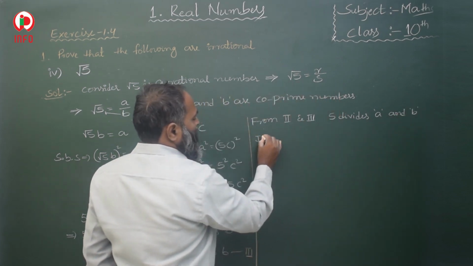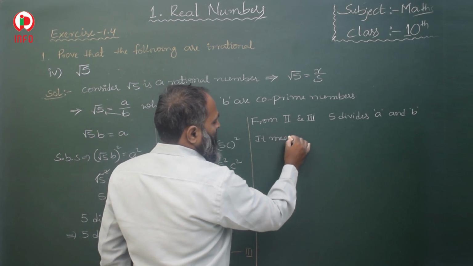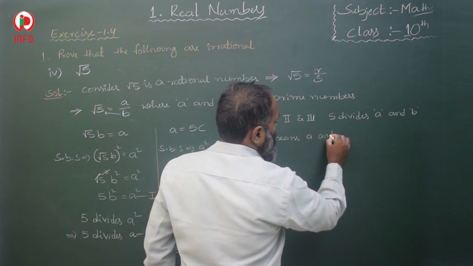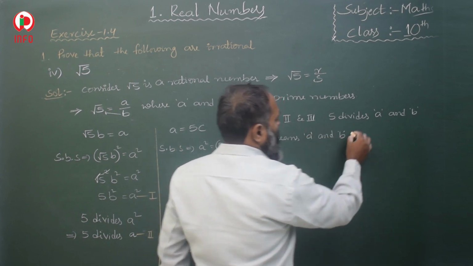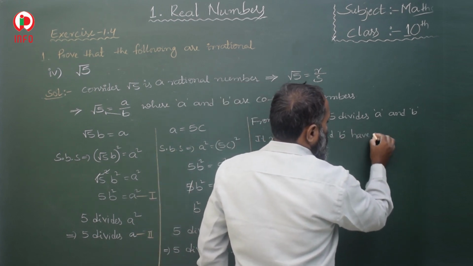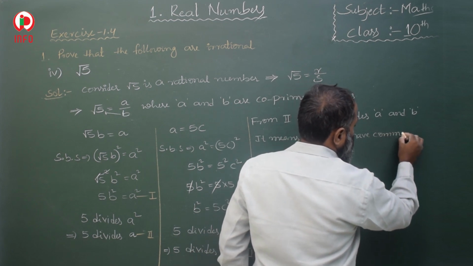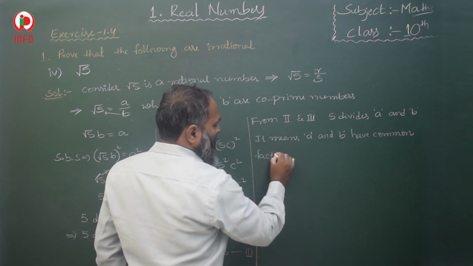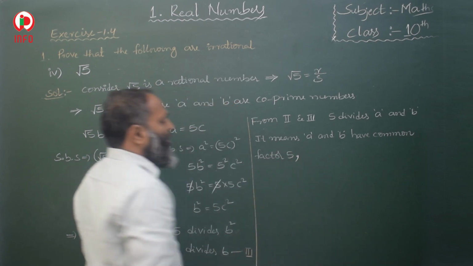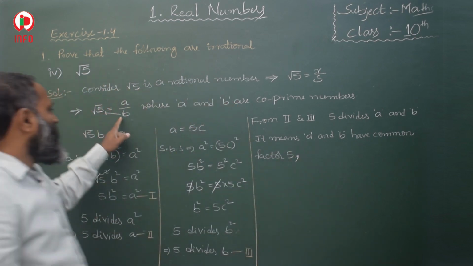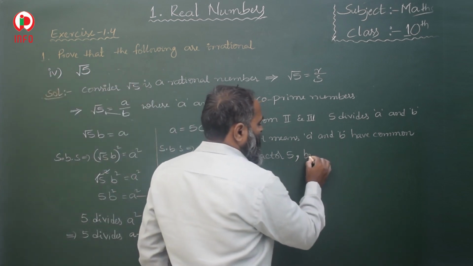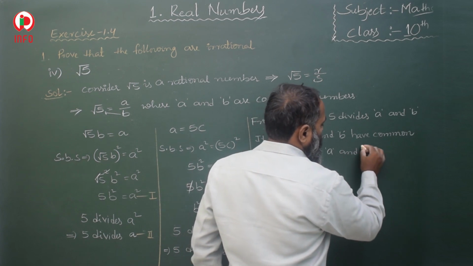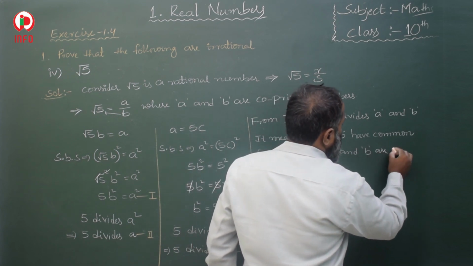It means a and b have a common factor 5, but we considered a and b are coprime.